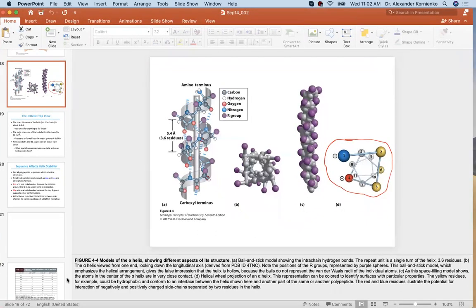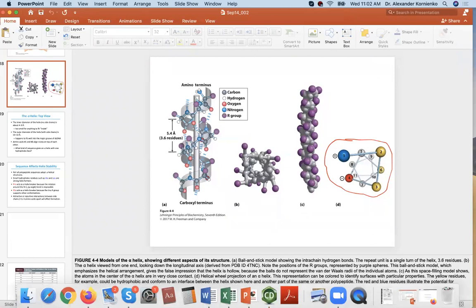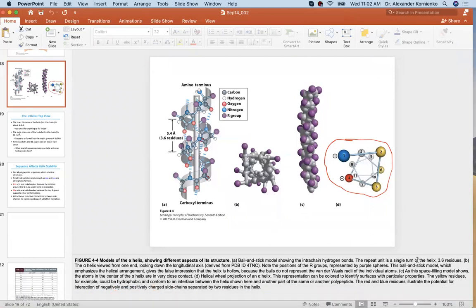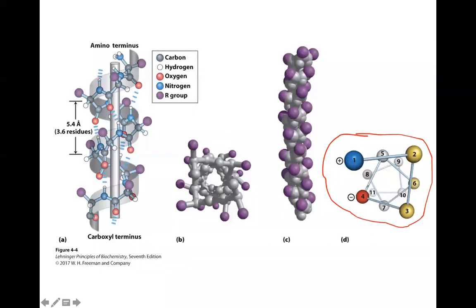And we were talking about the alpha helices. We talked about a variety of factors. So this is the alpha helix shown here.